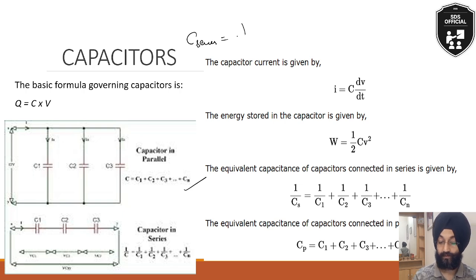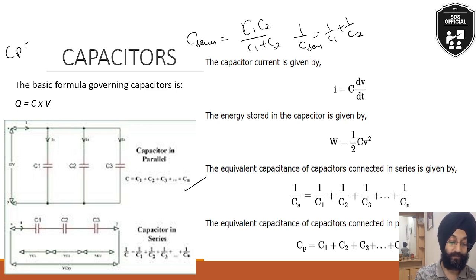So the series combination acquires the form C1 C2 by C1 plus C2, or 1 by C series is equal to 1 by C1 plus 1 by C2. On the other hand, the parallel combination is simply the addition of the two capacitances.